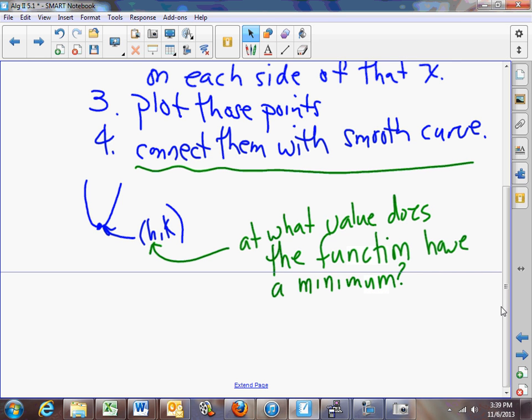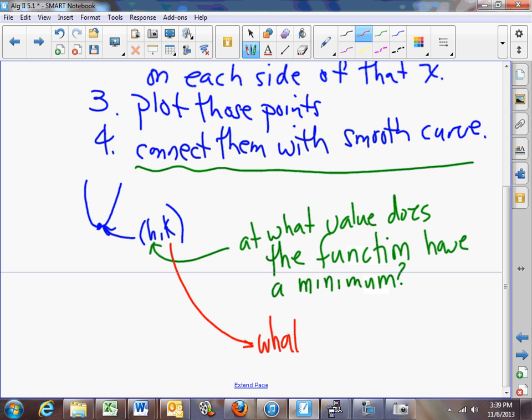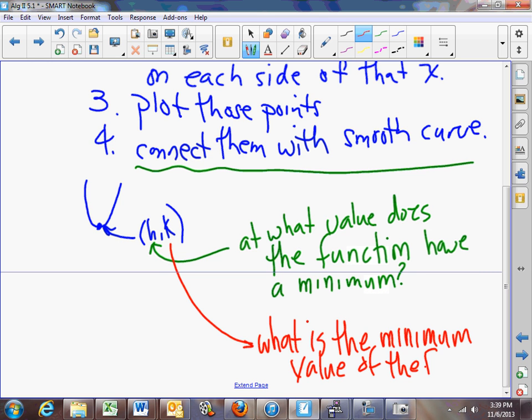Now, k is the answer to the question, what is the minimum value of the function? Now, if you just look at these questions superficially, they can seem to be the same question, but they're not.